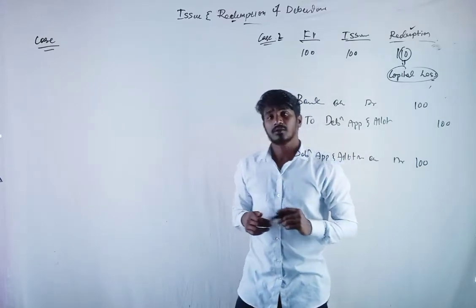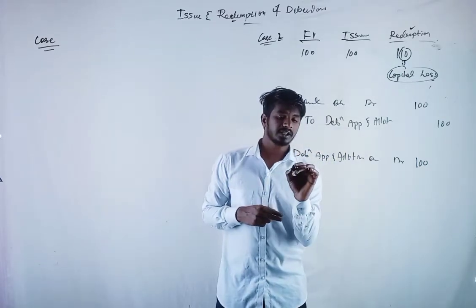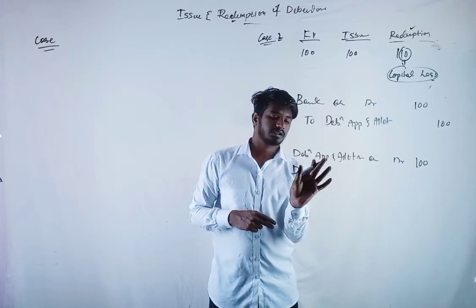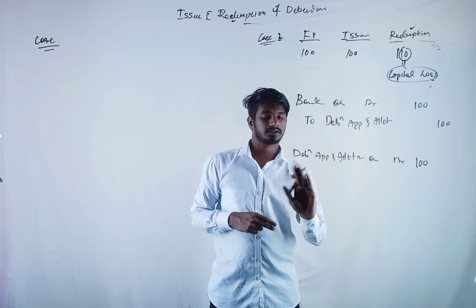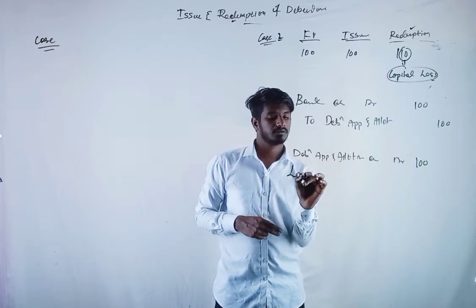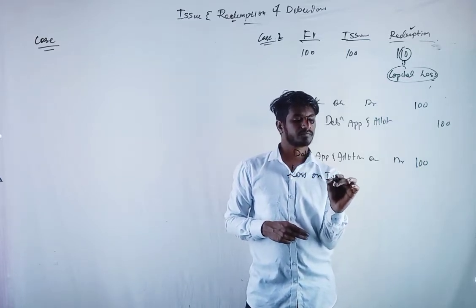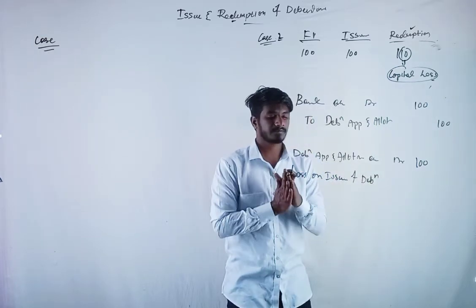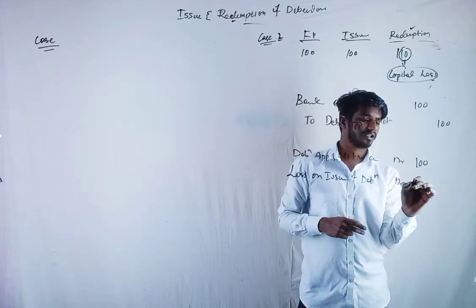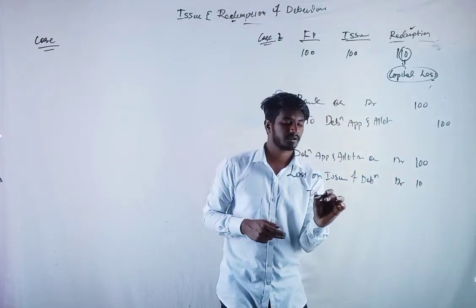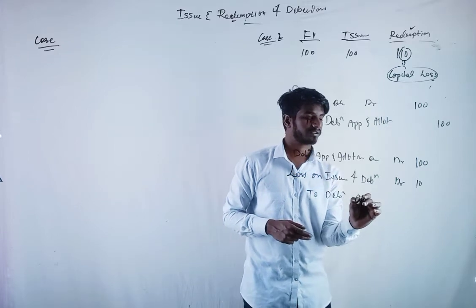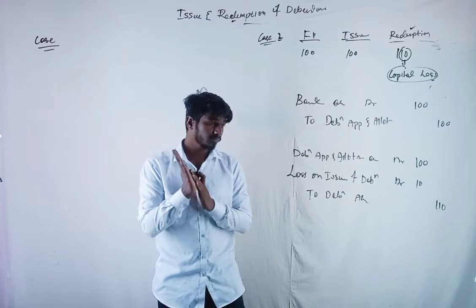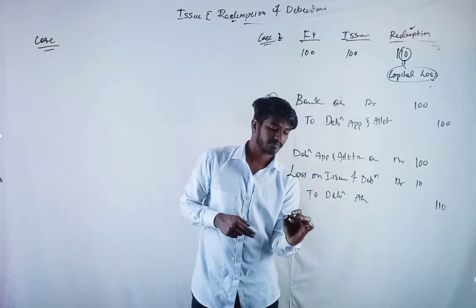What will it become? It will become debit. Sorry, capital loss, right? Loss on issue of debenture. Why are we debiting? Because it is a loss. Debit 10 to debenture account 110, and one more entry will be there.